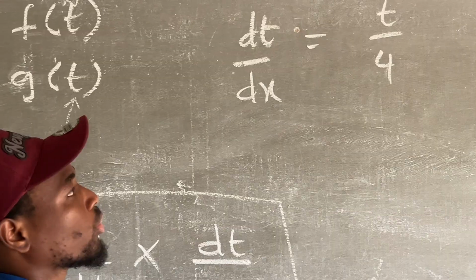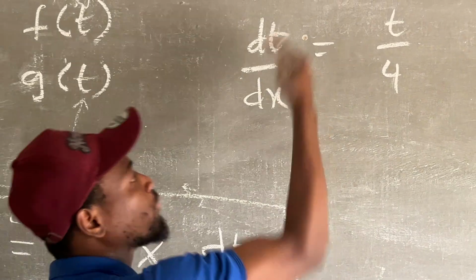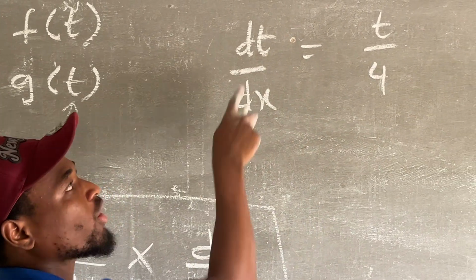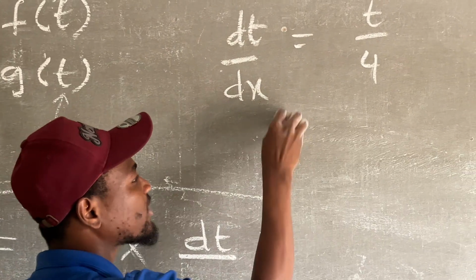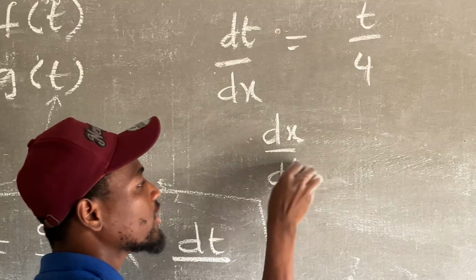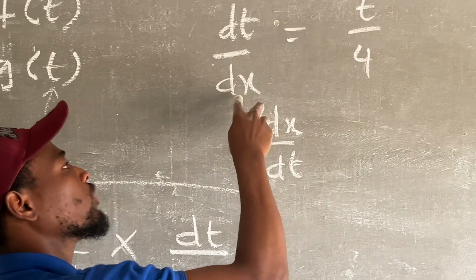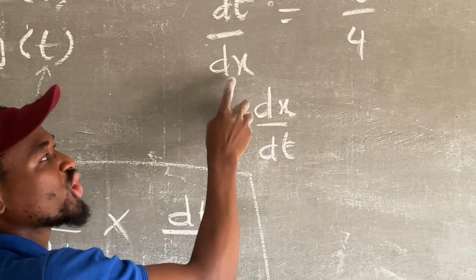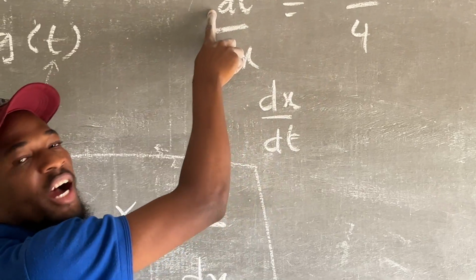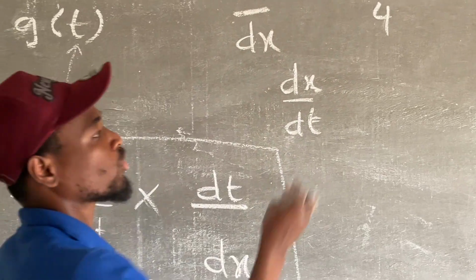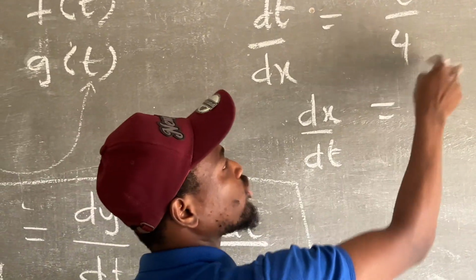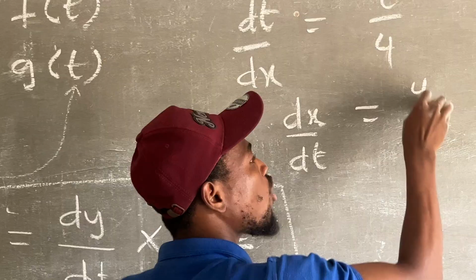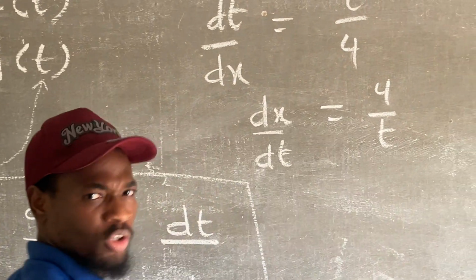If you want to reciprocate this, the reciprocal of dt over dx is dx over dt. That means you make your denominator become your numerator, and your numerator become your denominator. Whatever you do to the left hand side, do the same to the right hand side. So this also becomes 4 over t. Do you understand that?